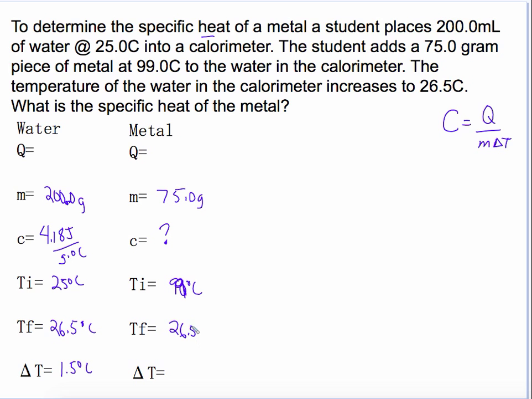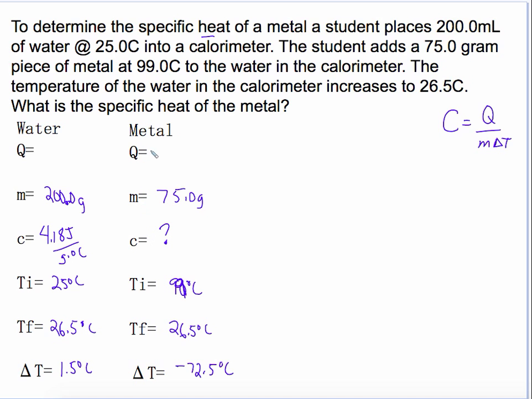We know that the final temperatures in calorimetry are always going to be equal. So we can just transfer the 26.5 over there. And then to do the change in temperature, we take the final minus the initial, and we get a negative 72.5 degrees Celsius.